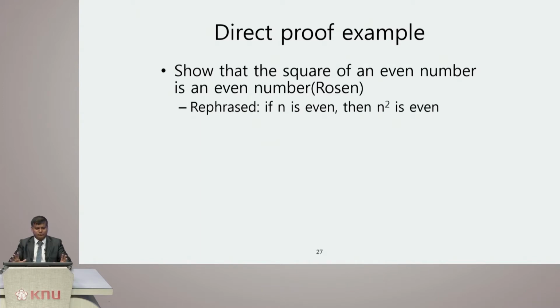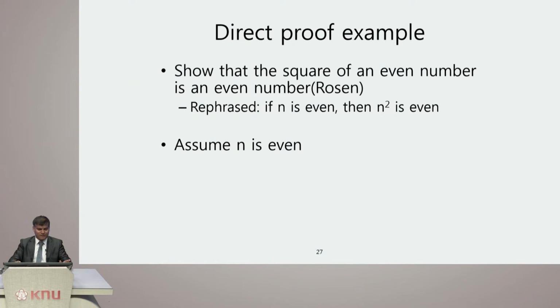Let's simply rephrase this statement as: if n is even, then n square is even. Do we agree? Yes, there is no change to the original statement. It reflects the same idea. Let's go ahead and assume n is even.